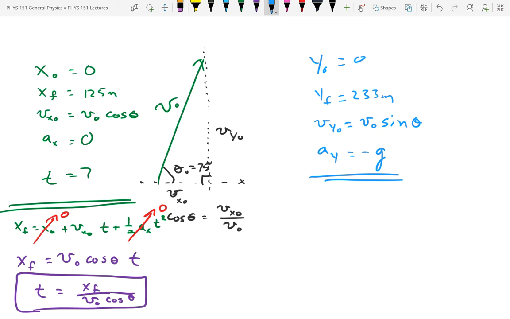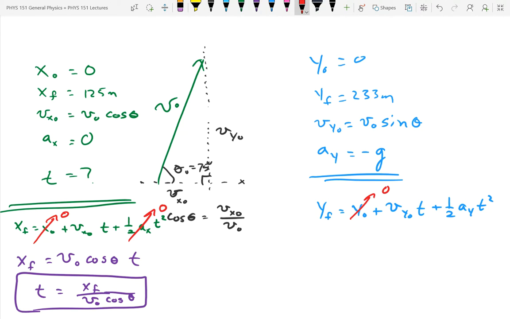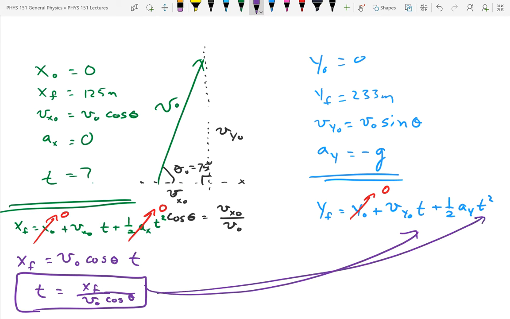And so just like before, I have this equation. And again, I'll put in my zeros immediately. The y initial was the only zero. And then I will substitute t in. So I will have an equation that has the speed as the only unknown.